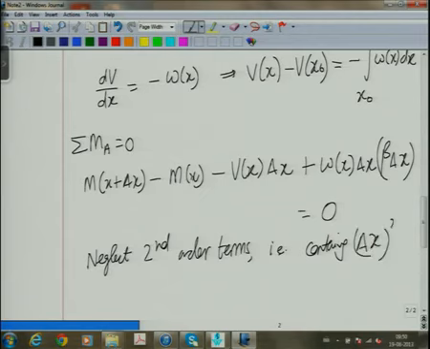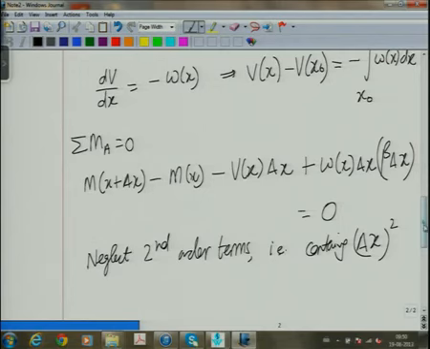See, I have safeguarded this by saying it is a fraction, so between 0 and 1, so it could be 1 minus beta. Therefore we are neglecting second order terms containing delta x square.